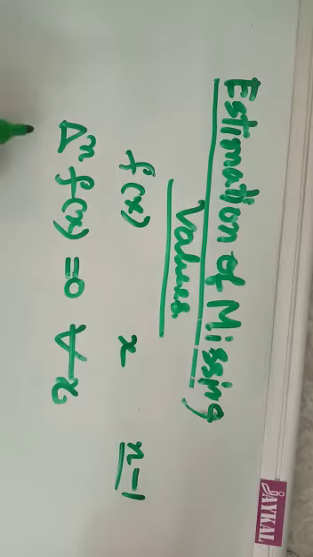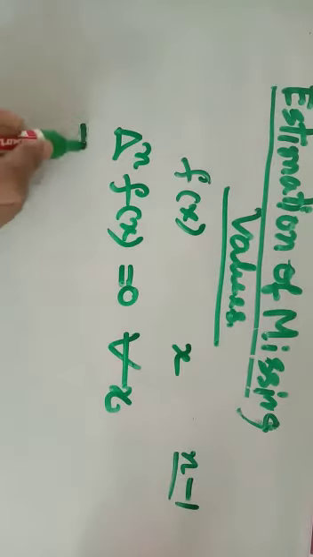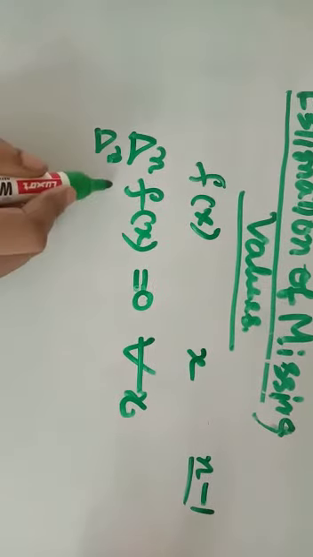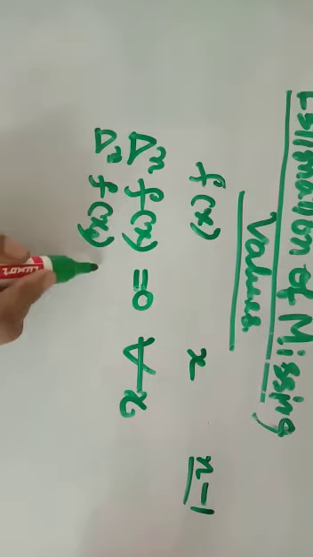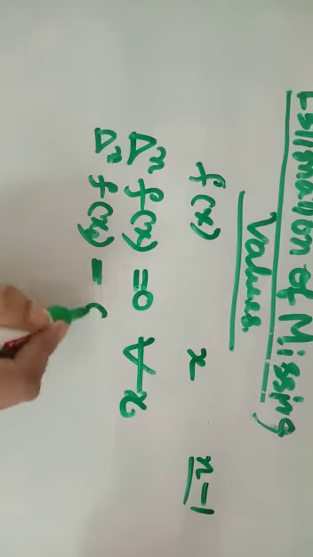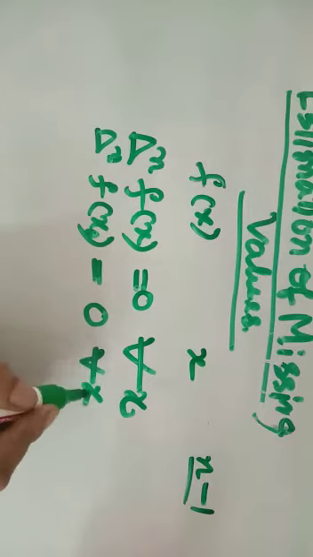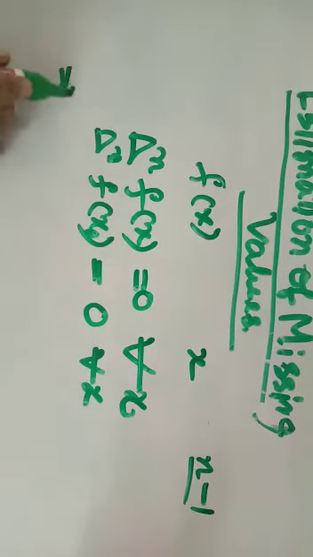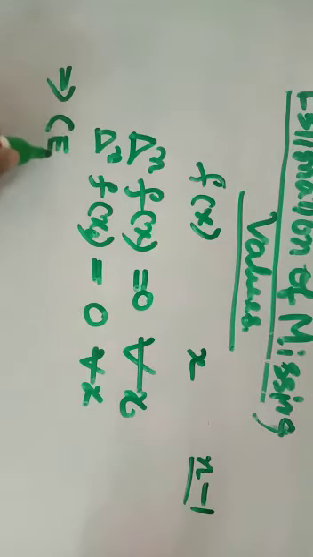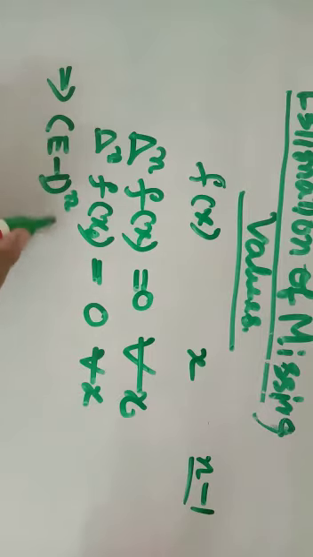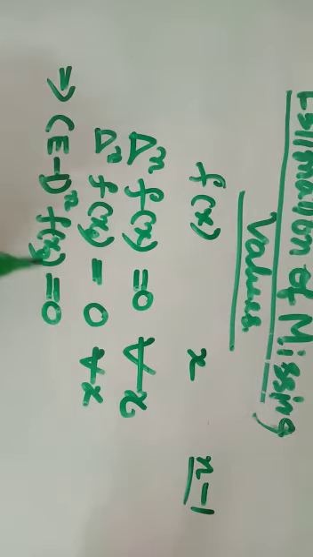In particular, delta to the power n f(x) naught is equal to 0 for all values of x. We put here in the place of delta (E minus 1) whole to the power n f(x) naught is equal to 0, since we know from the relationship of delta and E that delta is equal to E minus 1.